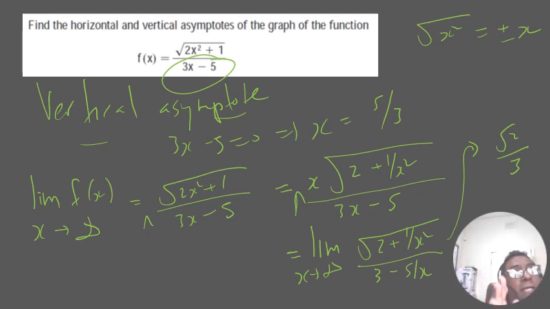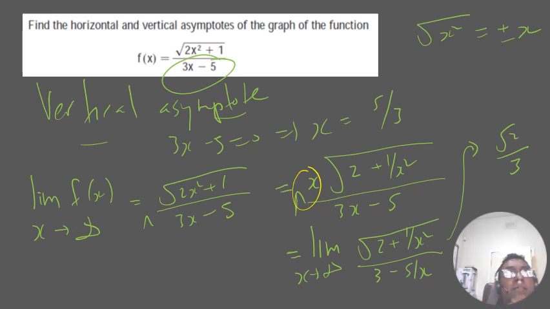So there should be another limit where we take the square root of x squared to be minus x, and we would expect to see a minus x there. So the first one, as x tends to infinity, is root 2 over 3. That becomes the horizontal asymptote of this function.